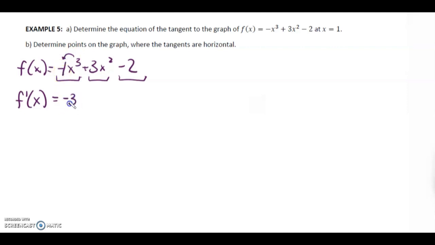We get negative 3. And we're going to subtract 1 from the exponent, x squared. Then we're going to go plus, the derivative of the second term here. So we're going to bring down the 2. So 2 times 3 is 6. And then x to the 2 minus 1 is just going to be x, like x to the 1.